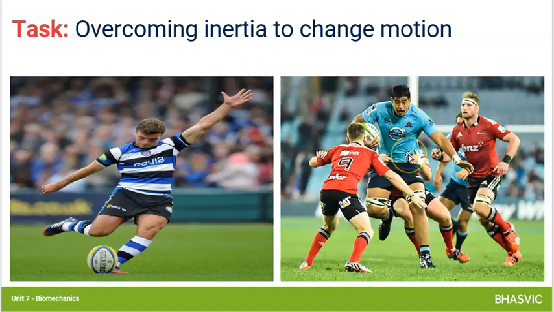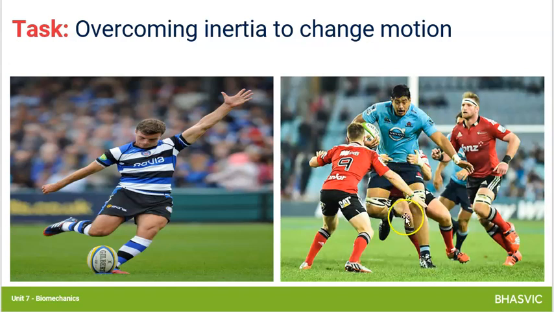Similarly over here, as I was mentioning earlier, if you've got an object, a rugby player with a very high mass, they have a very high inertial value. The force needed to change this object's motion, i.e. to slow him or stop him completely, needs to be bigger than the relative inertial value of this rugby player.